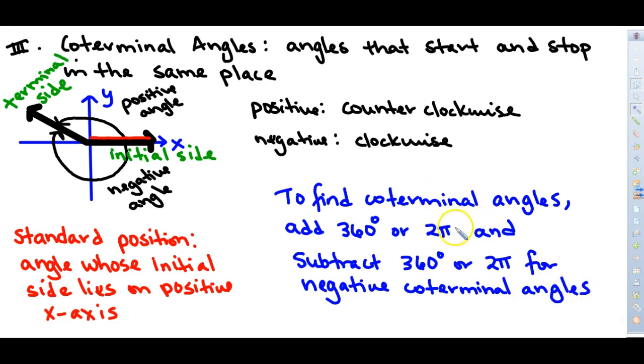I should have added right here that to find positive coterminal angles, you can add 360 or 2 pi. If you want a negative coterminal angle, you can subtract 360 or 2 pi. Let me show you exactly what I'm talking about.